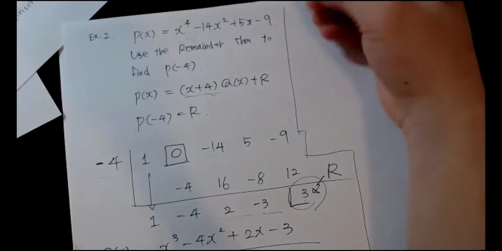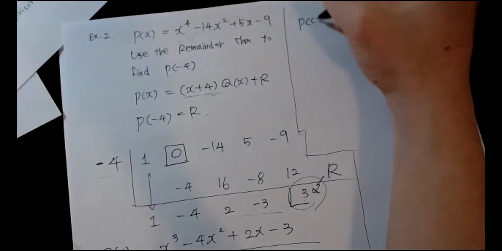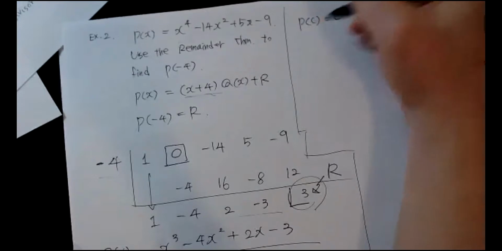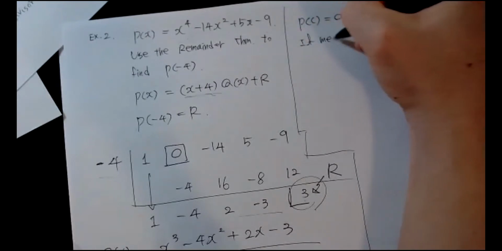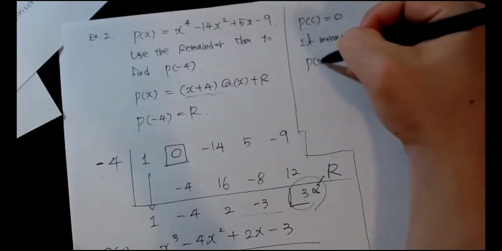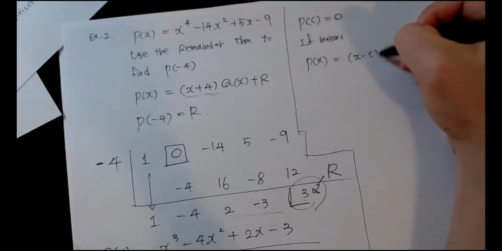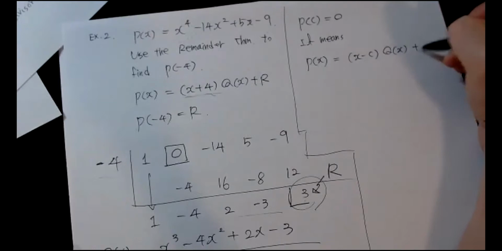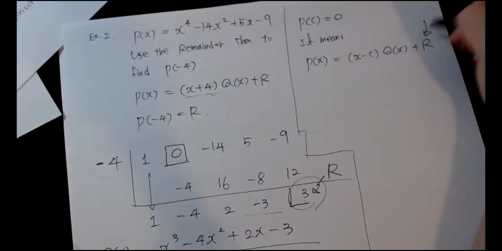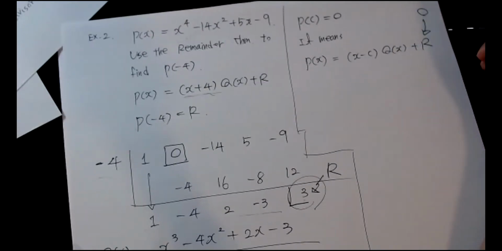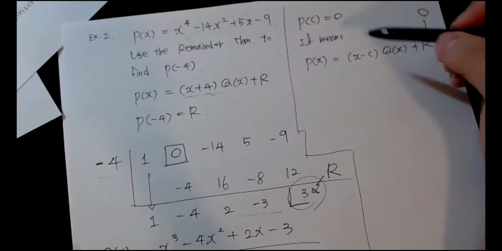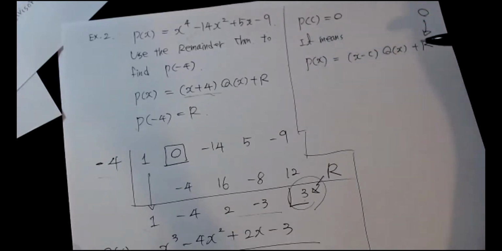So the factor theorem: if p of c equals 0, it means p of x can be expressed as x minus c times a certain quotient function, plus r, so that r must be 0. Otherwise, when you plug in c, we're not going to get 0.